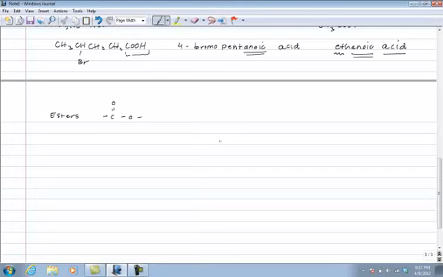So let's look at an example of an ester. How about this one? CH3, C double bond O, and maybe I'll try to highlight it a little bit better. CH2, CH2, CH3. So we have this picture. We can see the ester group kind of right here.